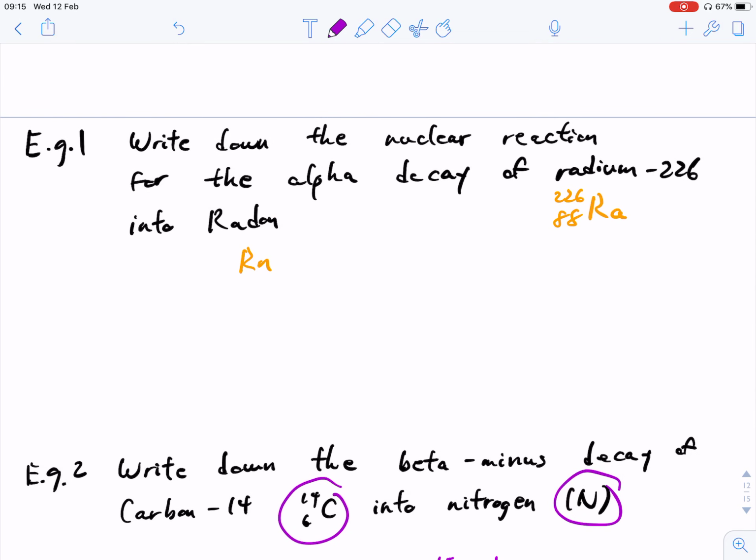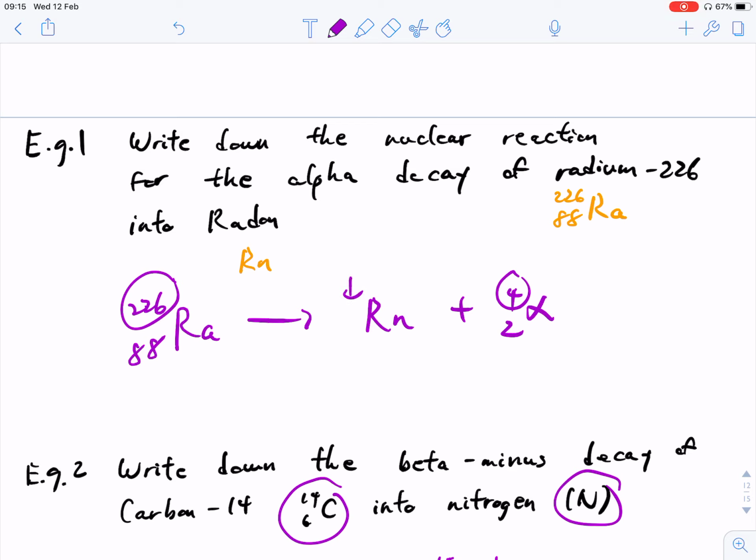Okay, so that's the answer to that. And the other one, this one is quite straightforward as well. Write down the nuclear reaction for alpha decay of radium. So radium is the starting element, Ra, 226, 88, and this is decaying into radon. And then we know there's an alpha particle, which is going to be 4 and 2. So the difference of 226 and 4 is going to be what goes there.